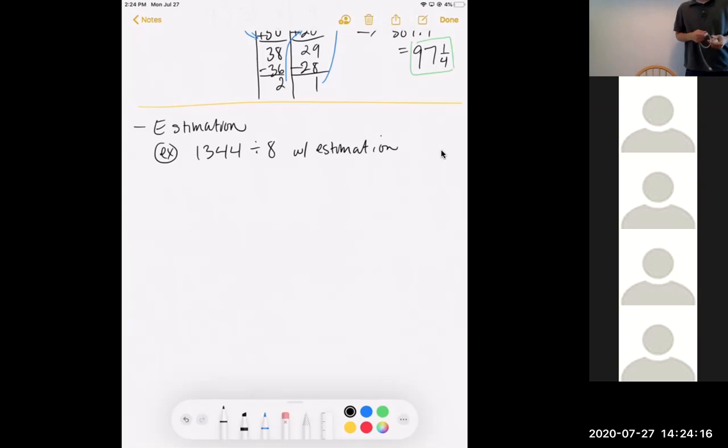Saying you're going to approximate, right? How big that number will be when you divide. How many groups of 8 are in 1,344?